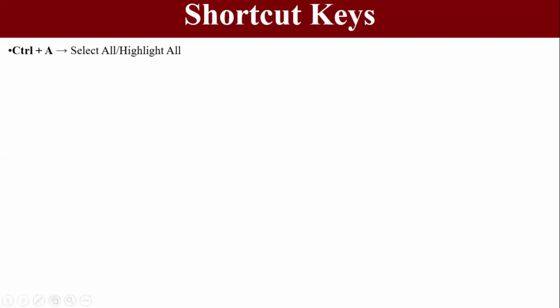So we start with Control A. Control A is select all or highlight all. Whenever you press Control and the alphabet key A together, it will select all your text. For example, in your document you may have text, tables, images, shapes, all what you have in your document.